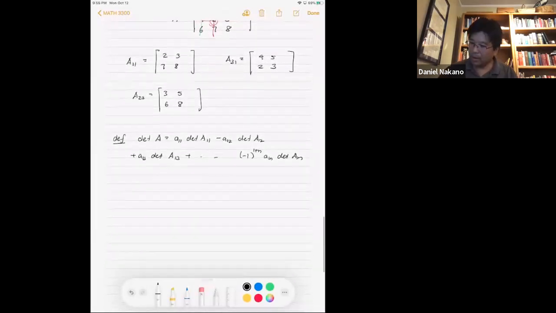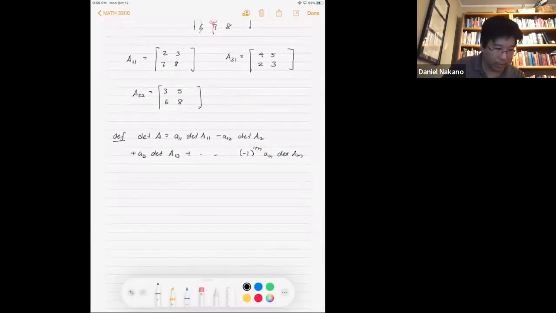Okay, so let me give you an example. Compute the determinant of the following. We'll do a 3 by 3 since we already know how to do a 2 by 2, it turns out.